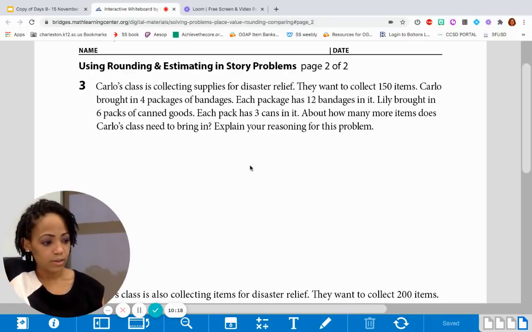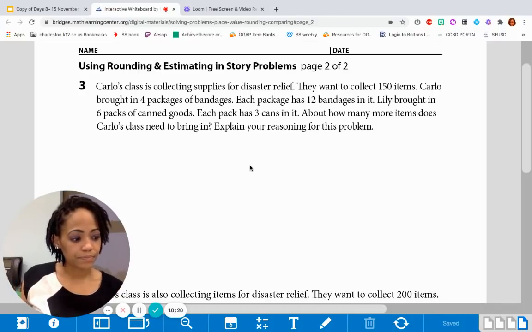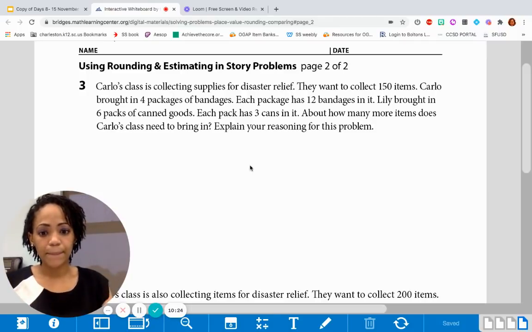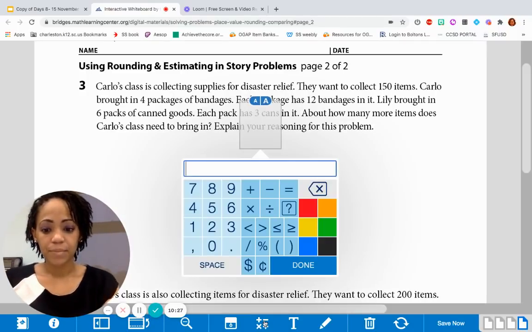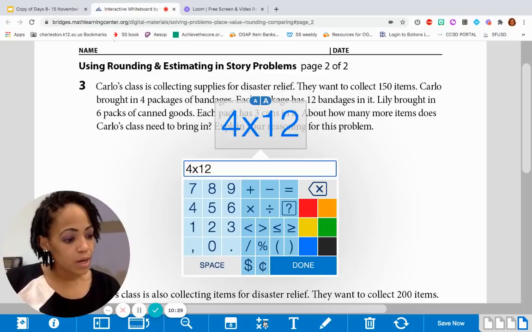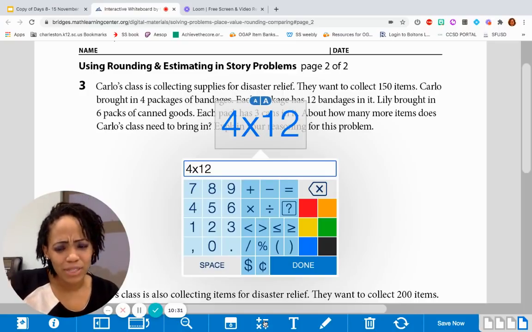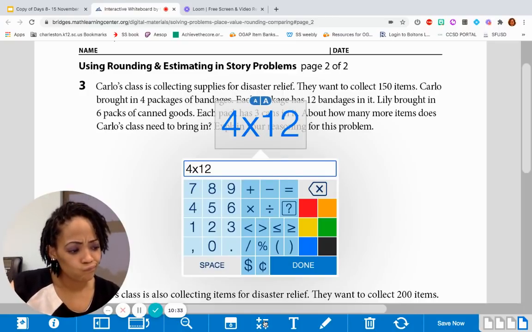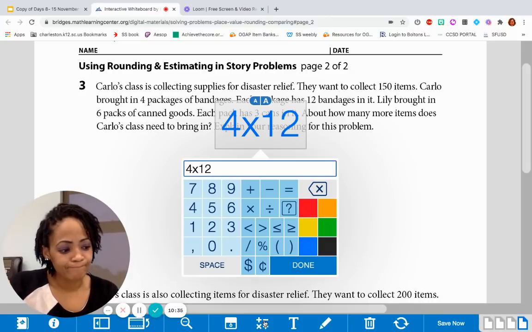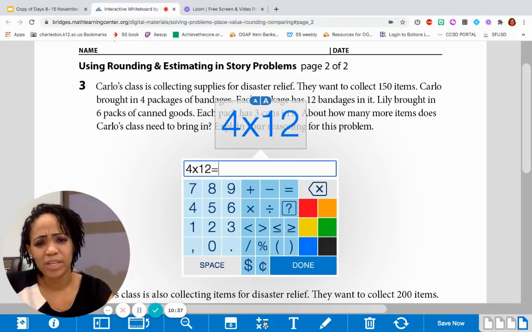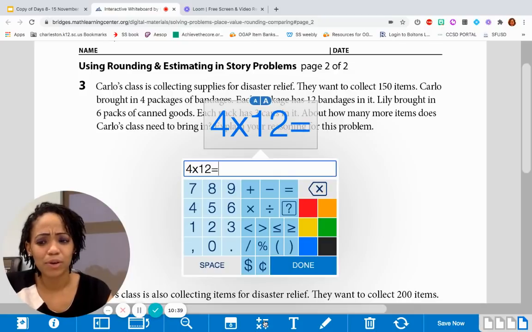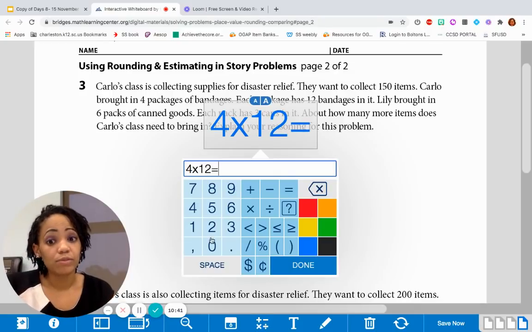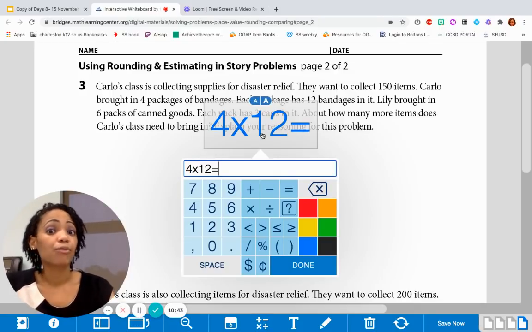A lot of parts. So let's break it down. Right. 4 packs with 12 bandages in each one. So what do we do with that? Good. 4 times 12. And should we estimate 4 times 12? We don't need to. You guys know 4 times 12. Well, maybe you should. 4 times 10 is 40, so we know it's about 40.